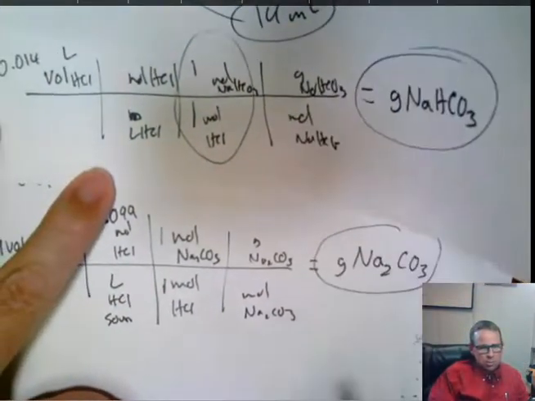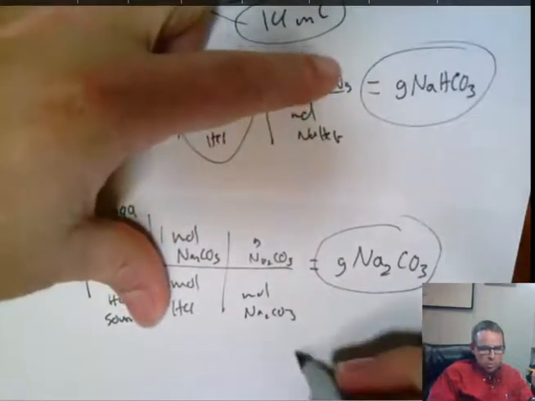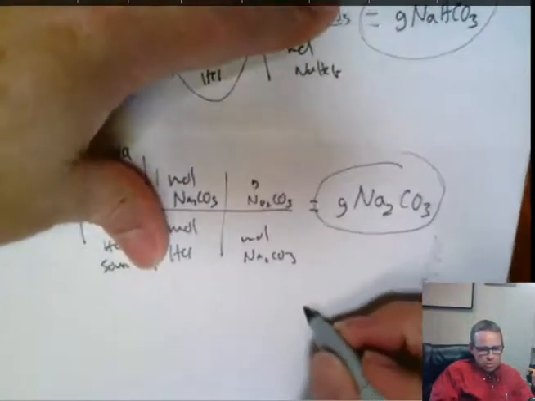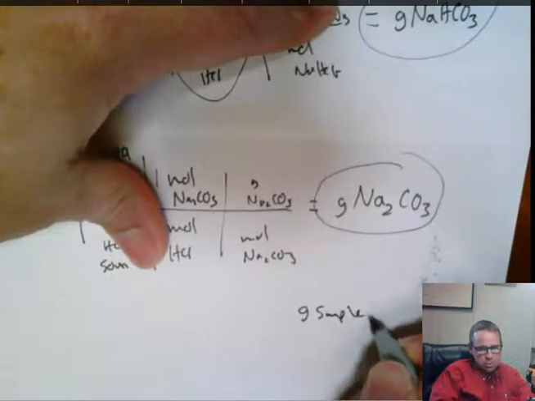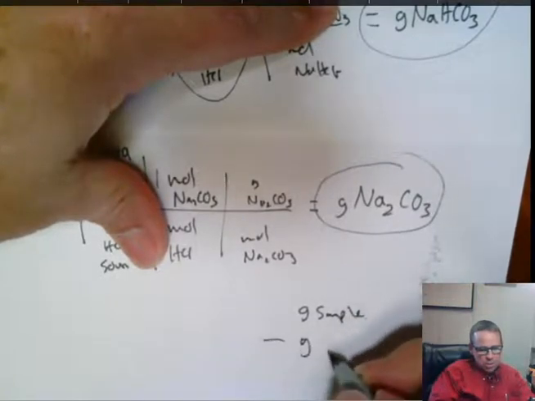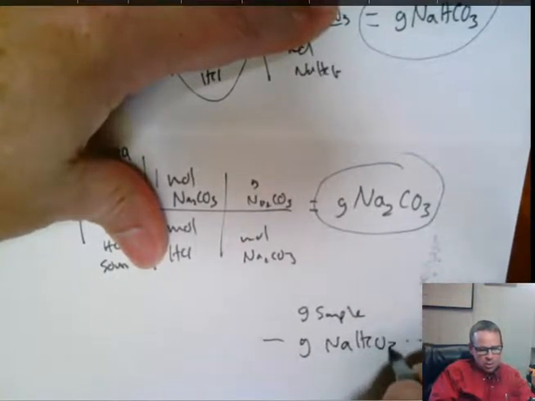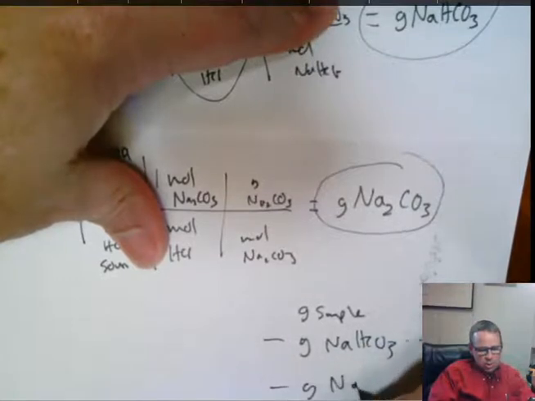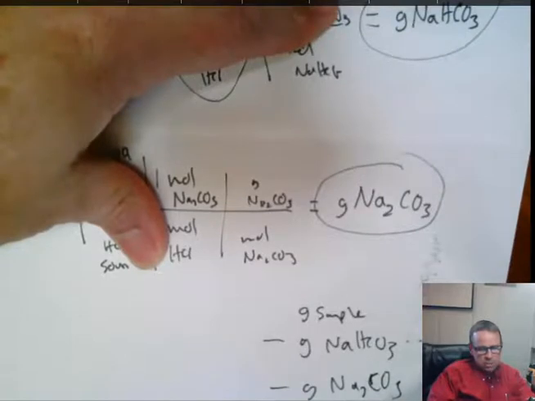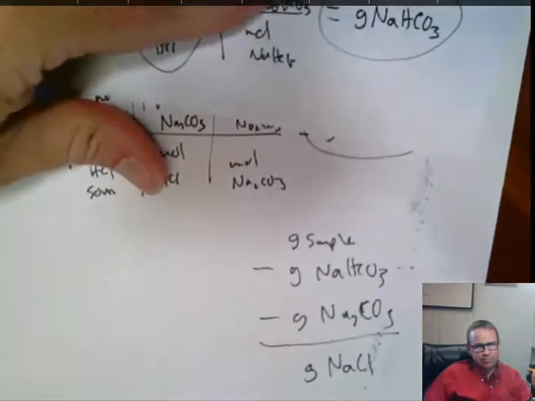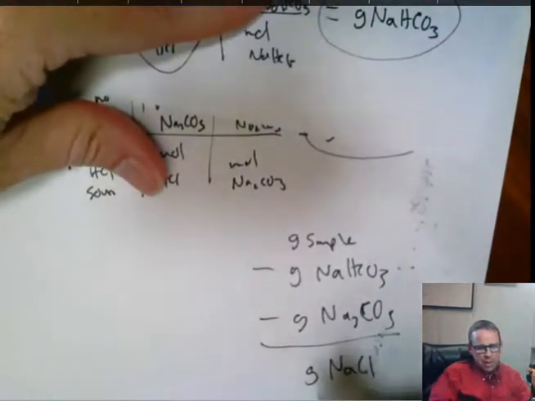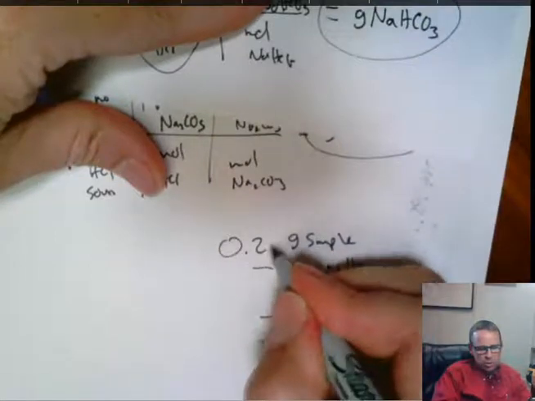So grams of sample minus grams of NaHCO3 minus grams of Na2CO3. That's where we could get our grams of NaCl. And that grams of sample was 0.2 grams, right? Everybody should have started with something very close to that.